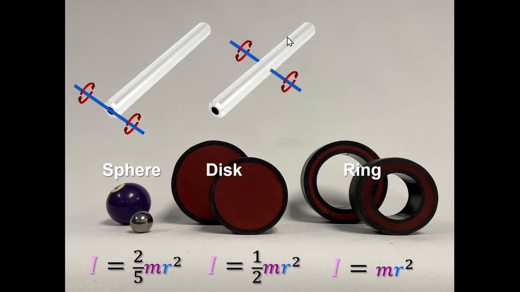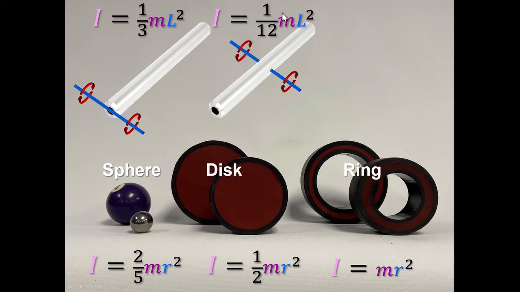If we hold it in the middle and try to rotate it back and forth, the mass is distributed a little differently, so we would feel a different amount of inertia. The equation to calculate the inertia of a stick pivoting on its end is 1/3 the mass of that stick times the length of that stick squared. Here it's 1/12 the mass times the length squared.